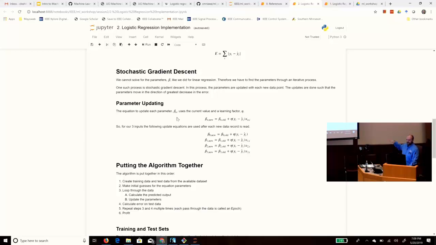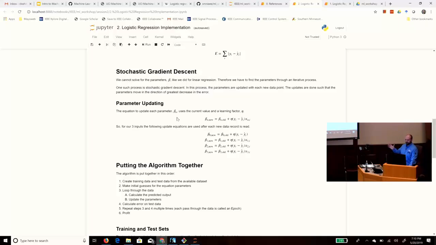You want to find a valley where all your parameters minimize your error, right? So all we're going to do here is implement some equations that move us towards the right answers a little bit at a time. Every time we make a wrong guess, we're going to move away from our current state to the next guess of the parameters and then rerun and see what happens, all right?